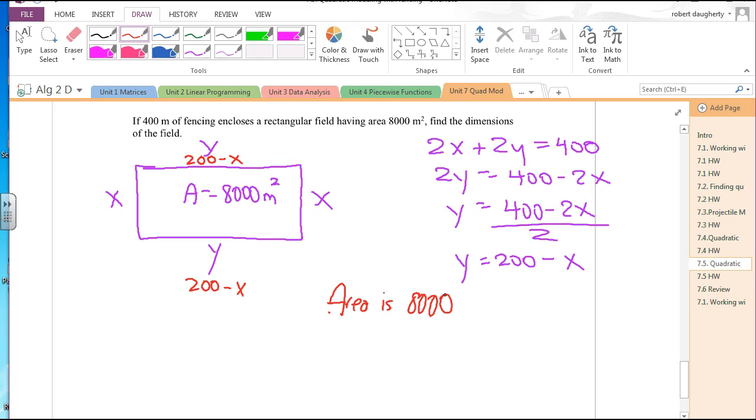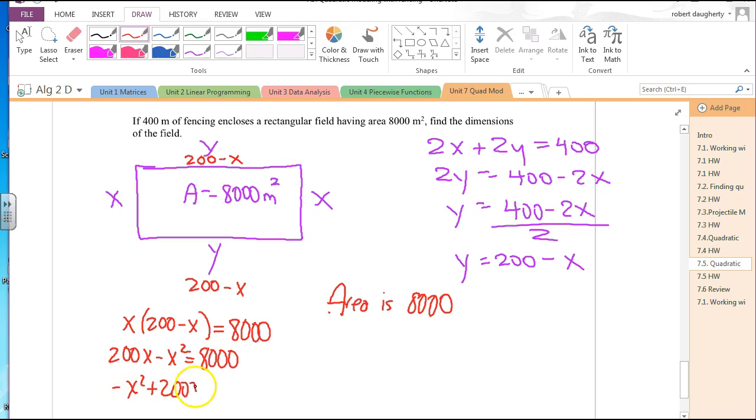So I know that x times 200 minus x has to equal what? 8,000. So 200x minus x squared equal 8,000. So that means that minus x squared plus 200x minus 8,000 equals 0. How do I solve that?